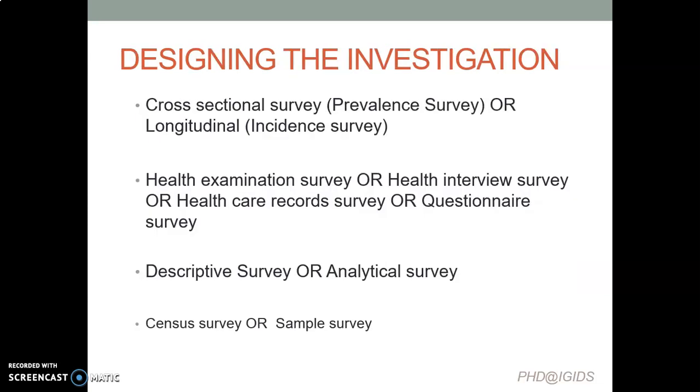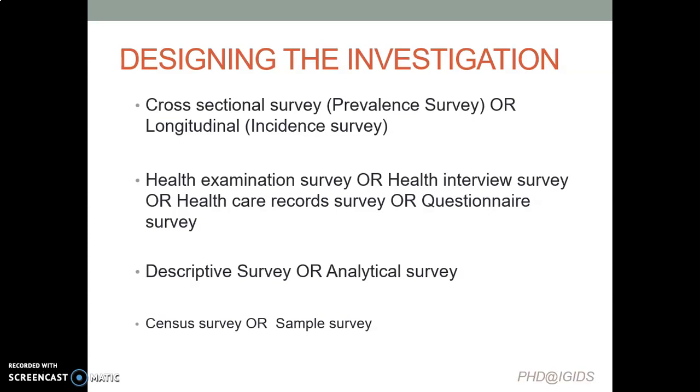The next is you should design the investigation. This part of the topic we have already covered in the last class. Depending on your objective, you need to select which type of survey you are going to deal with. What I have given in this slide is that classification which we have already talked about. A survey can be cross-sectional or longitudinal depending on the number of times the data is collected.